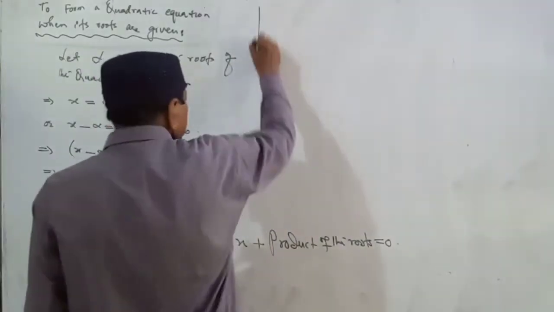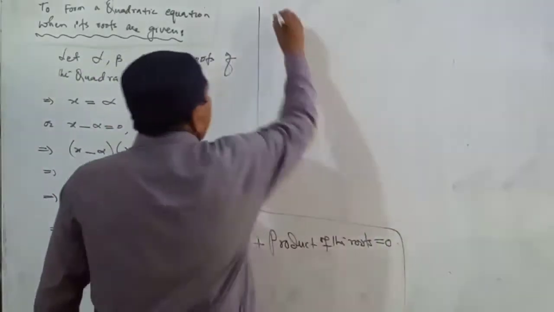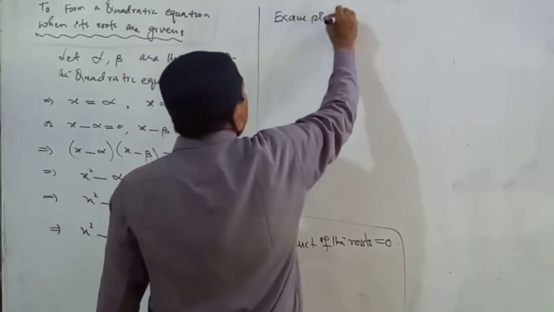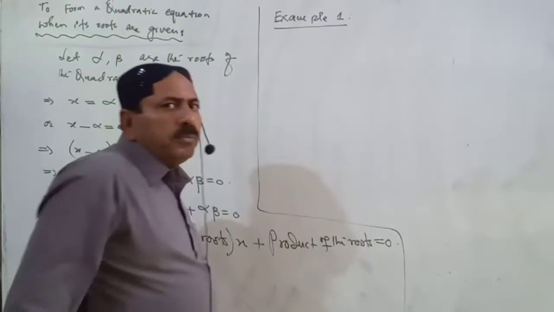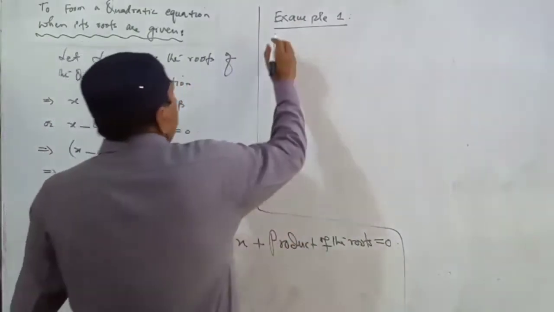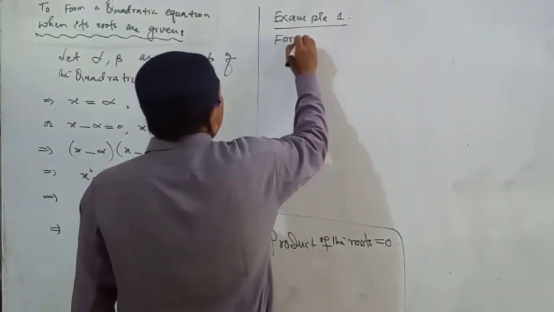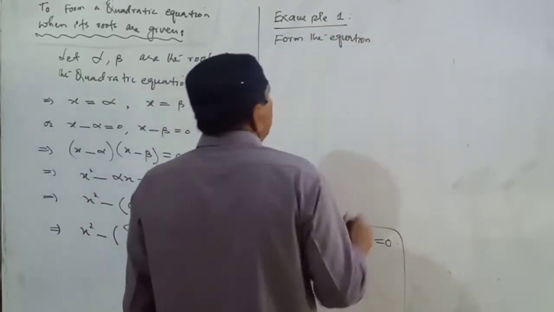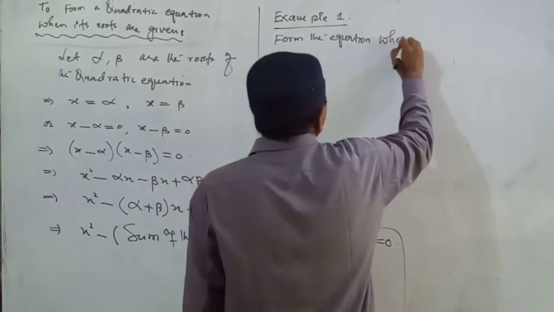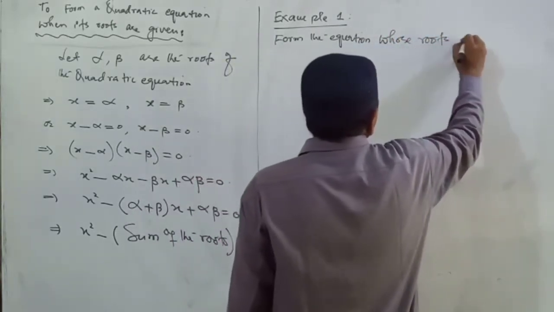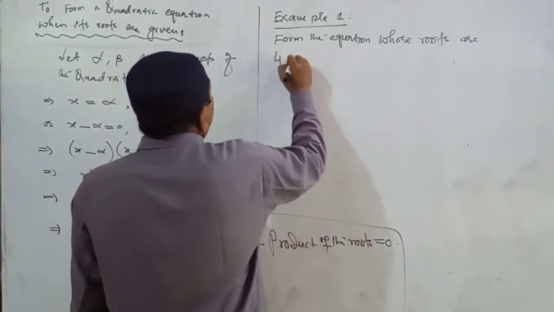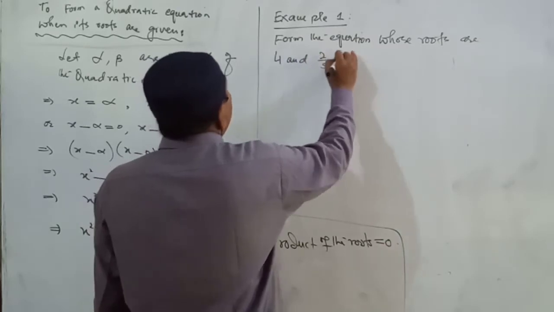So now there is an example. Example number 1: form the equation whose roots are 4 and 2/5.